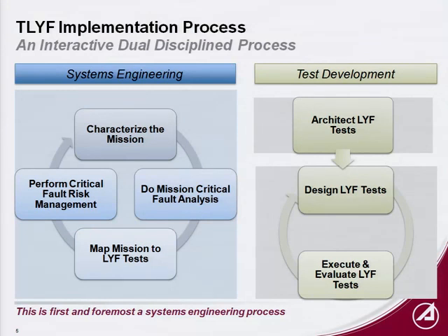So you go looking for things in a mission timeline that will tell you when you're going to do some activity for the first time. We borrowed something from the JPL team back in the Mars program that we're calling a mission critical fault analysis. This is doing the failure analysis before the failure. I'm going to show you that just a little bit later on, but it is a fault analysis top down.